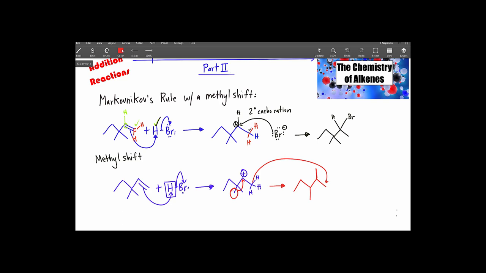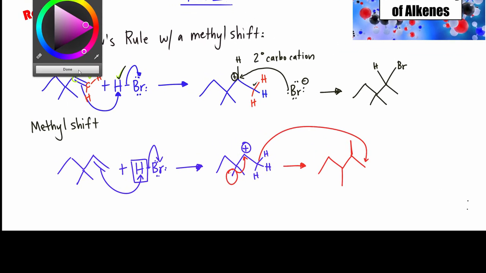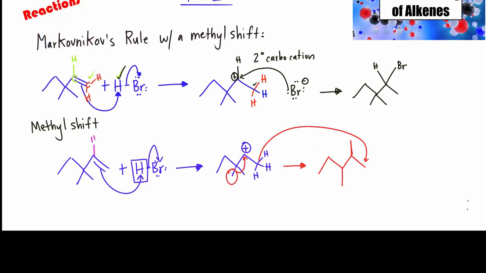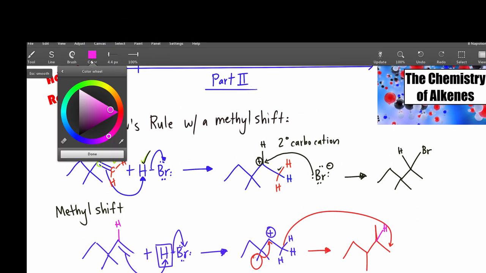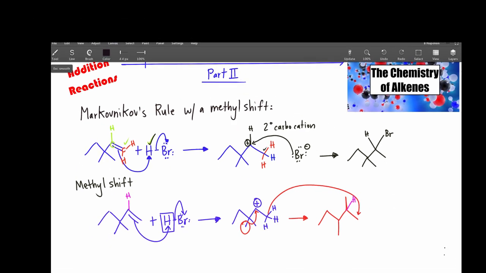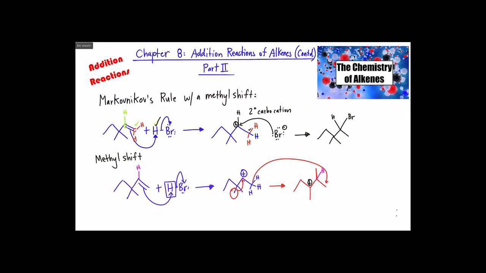Now, keep in mind that before your implied hydrogen, I had a hydrogen here, and that's the same hydrogen that was there. So now I have a plus charge here because I've moved an atom group with the bond consisting of those two electrons. And what I have now is a tertiary carbocation.